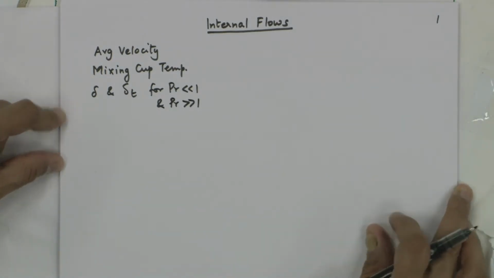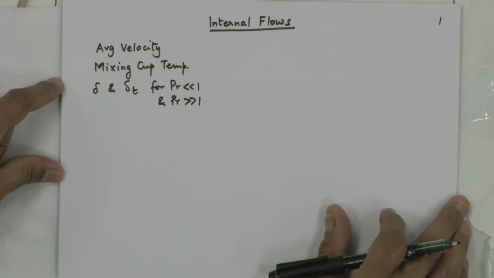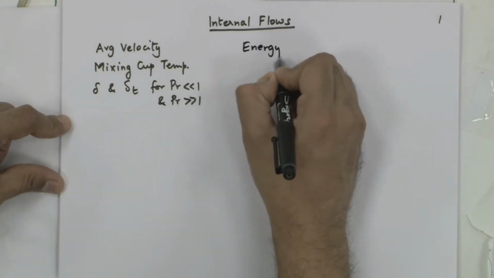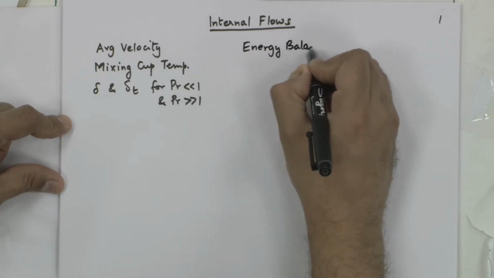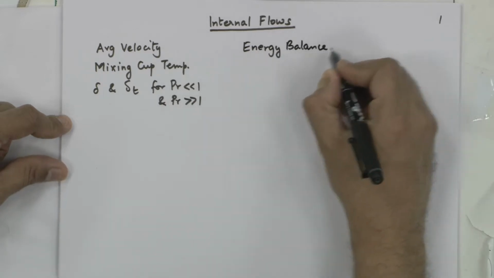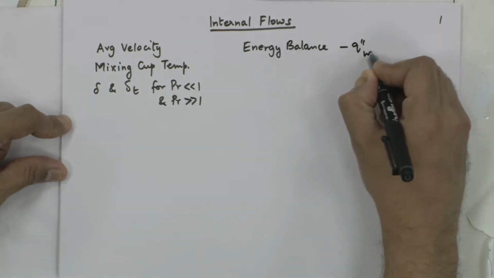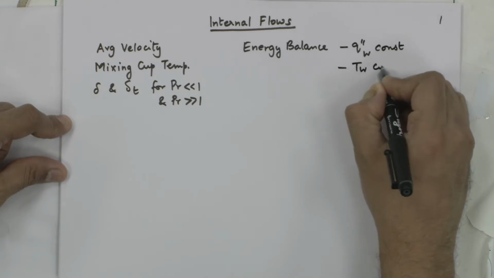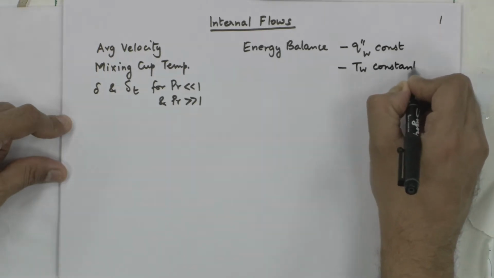Then we will do a thermal analysis. So, basic energy balance will be done, which will be done for constant wall heat flux case and constant wall temperature case. These two would be done.